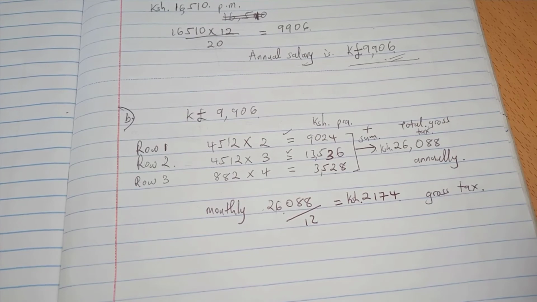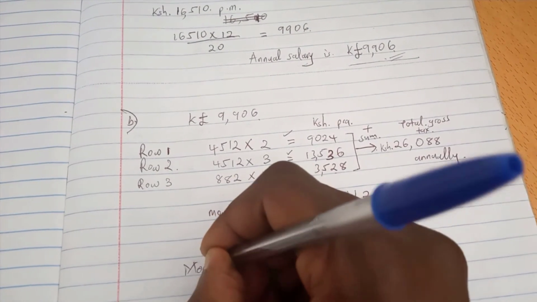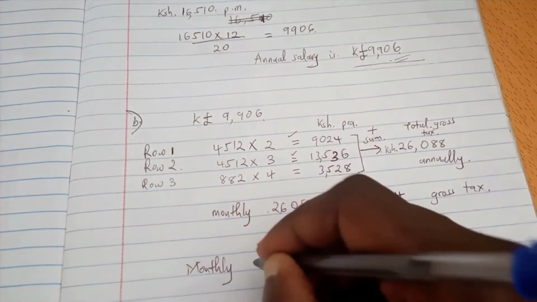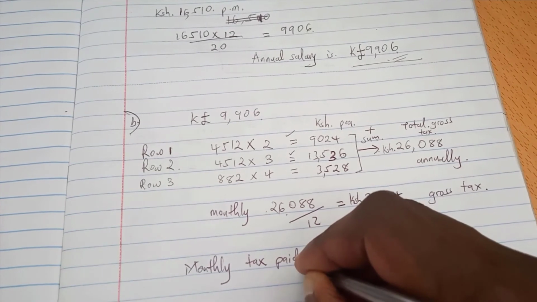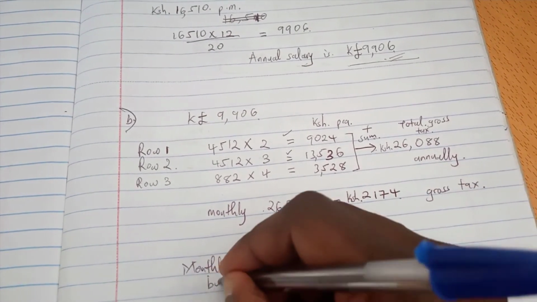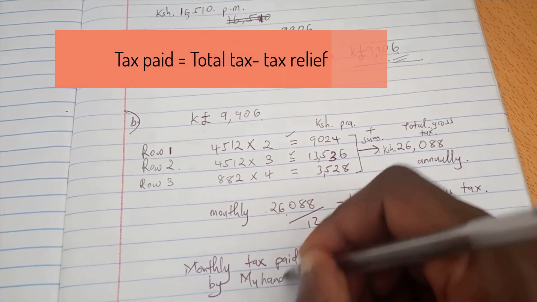Then monthly tax paid. So let's get the monthly tax paid by Muhando.